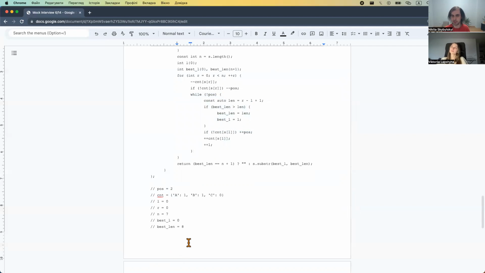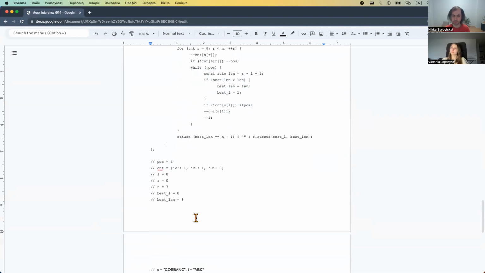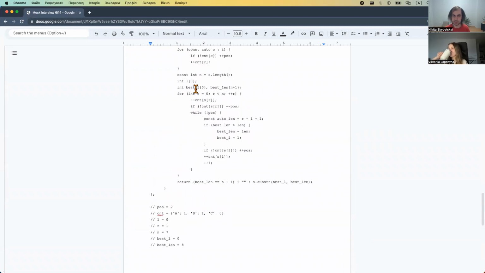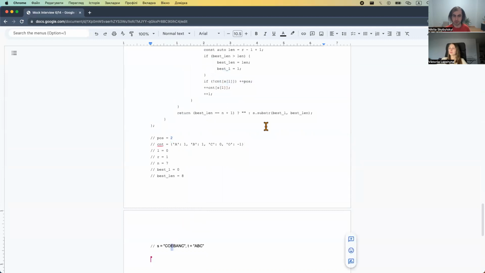We still lack some characters. So now right equals 1. I go to letter O. I decrement the frequency. By default it was 0, now it's -1. Is it 0? No, so I skip the if. So positive is unaffected here, because this is -1. Not -1 evaluates to false. Once again, I skip the loop because positive is still 2, and I go to letter E.